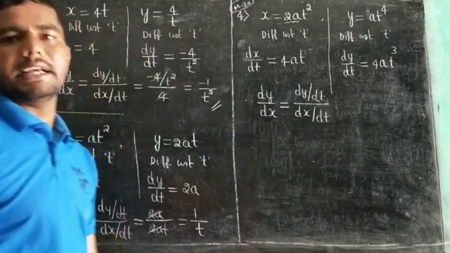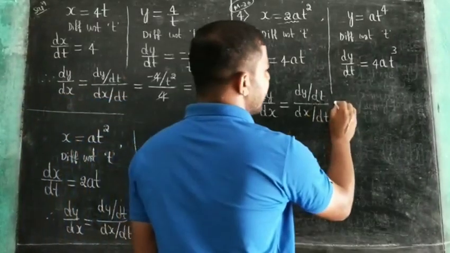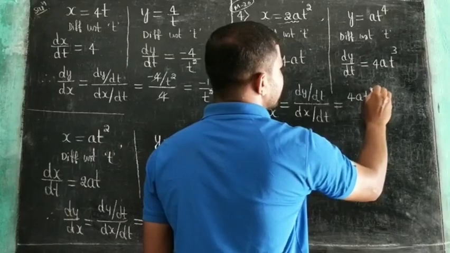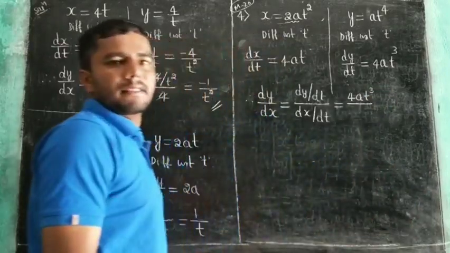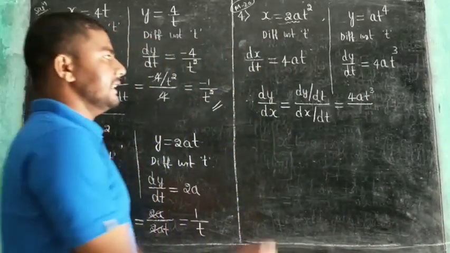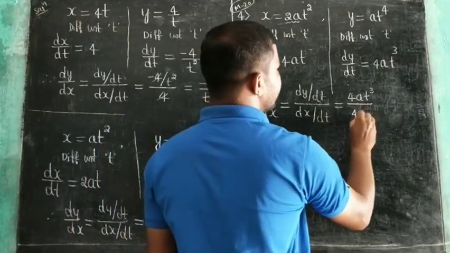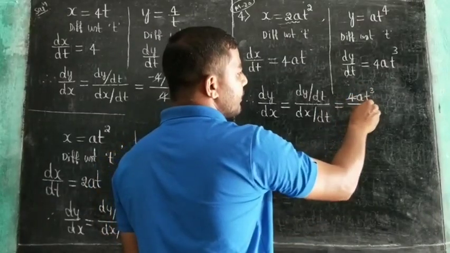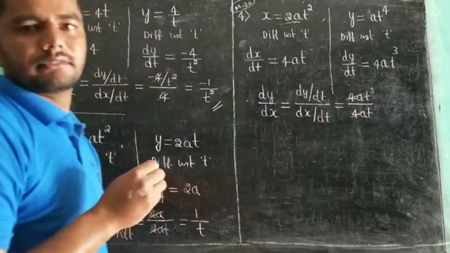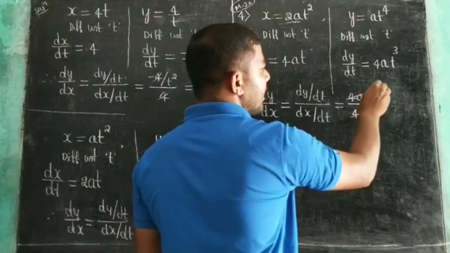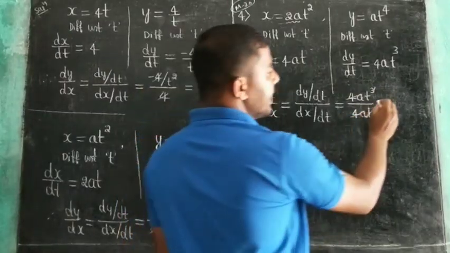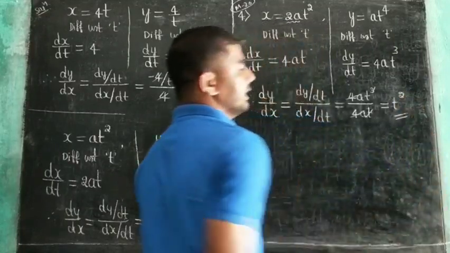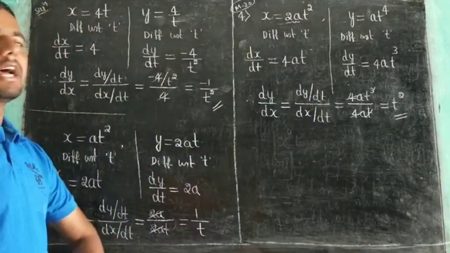So dy divided by dt is 4at cube divided by dx divided by dt, which is 4at. Here 4a are cancelled and 1 t will be cancelled. The remaining value is t square. T square is the final answer.